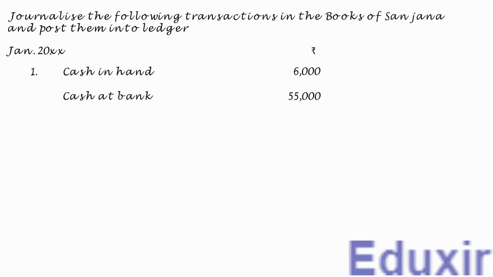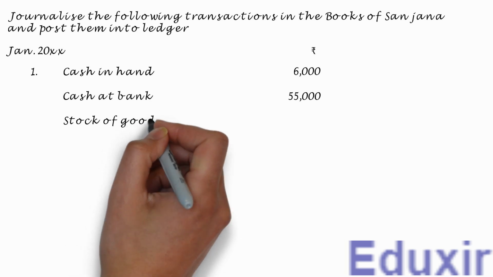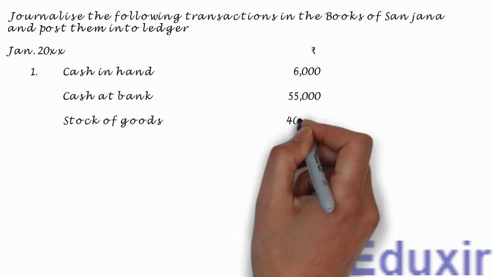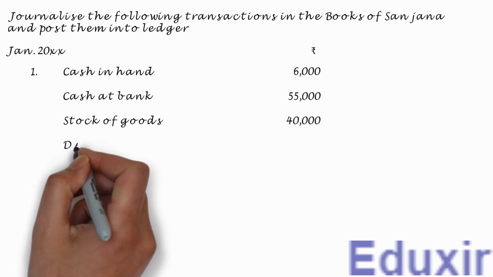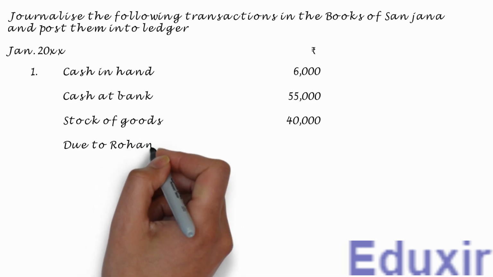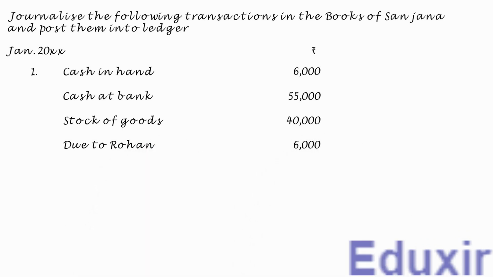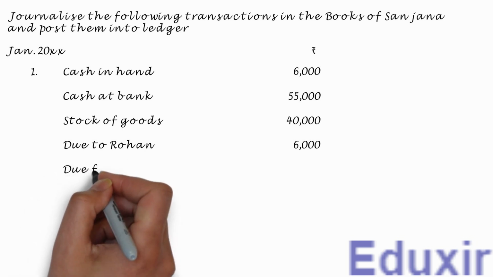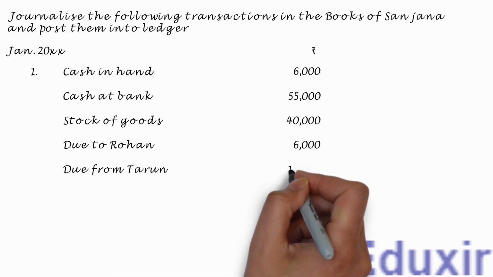On the same day, stock of goods 40,000 rupees. On the same day, due to Rohan 6,000 rupees. On the same day, due from Tarun 10,000 rupees.